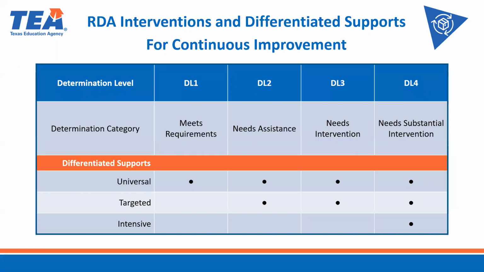Examples of universal supports include, but are not limited to, free online modules, access to statewide technical assistance networks, program guidance, family resources, frequently asked questions, TEA review and support, team communications.